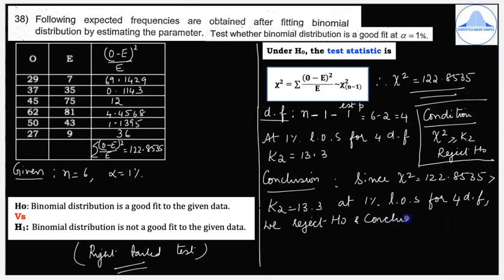When you reject H naught, you're accepting H1. We conclude that the binomial distribution is not a good fit to the given data.